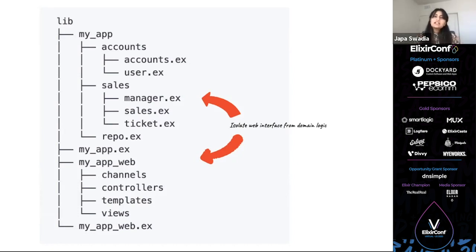And the website only interacts with the domain boundary, as you can see. And on the domain side, you can see how there's a natural API formed between two different contexts, accounts and sales. So if they ever wanted to communicate with each other, they would do so using the bounded context for each of those subcontexts.